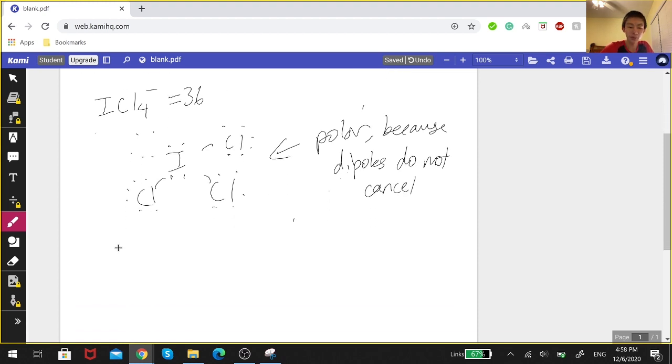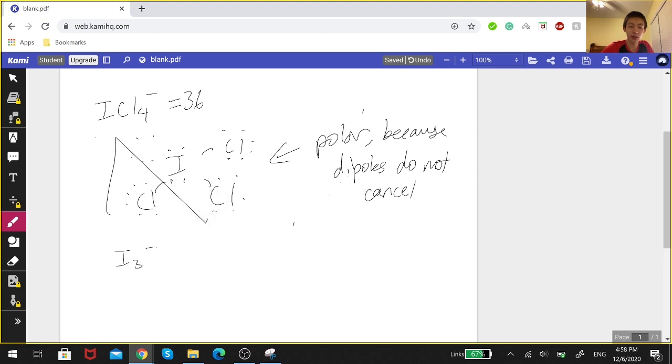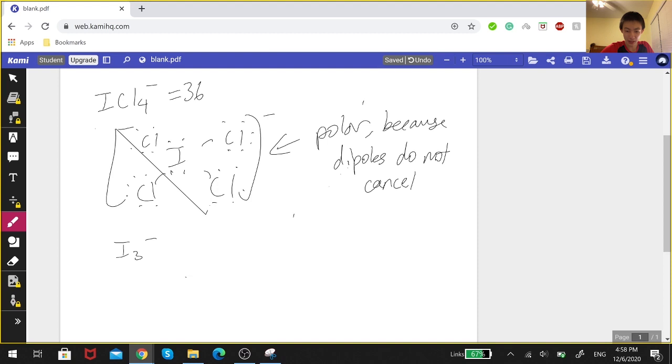But if we have something like I3 minus, don't forget the bracket. It's going to be I in the middle with an I on each side.